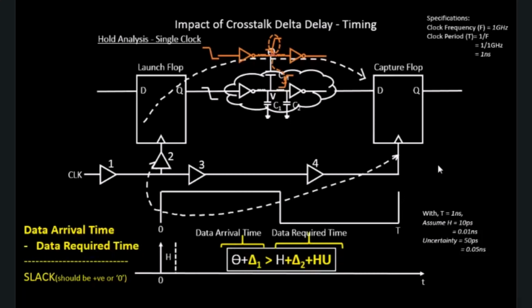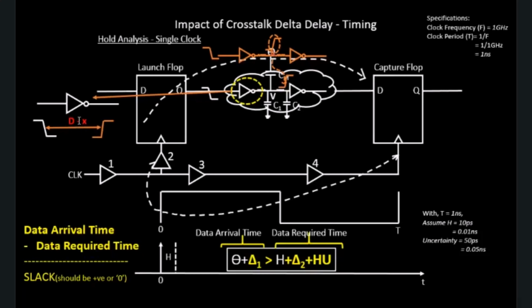Okay, so this is only for one stage, only for one net being affected by crosstalk. Now when you compute the combinational delay, you see this particular inverter out of the circuit. Initially it was D, now it's D minus X because of the crosstalk delta delay.